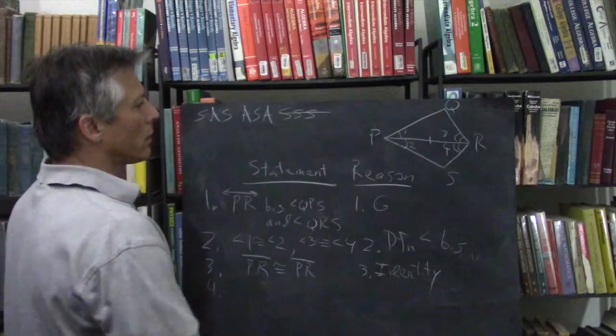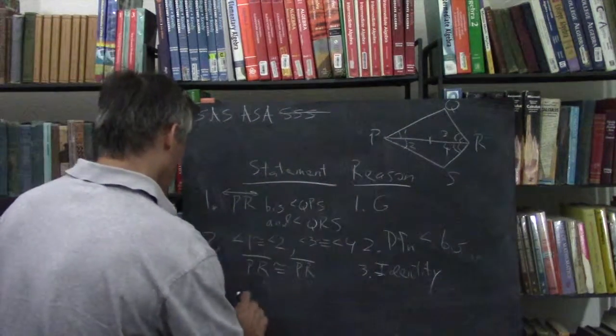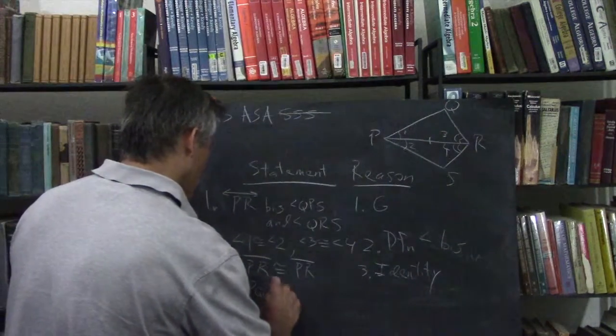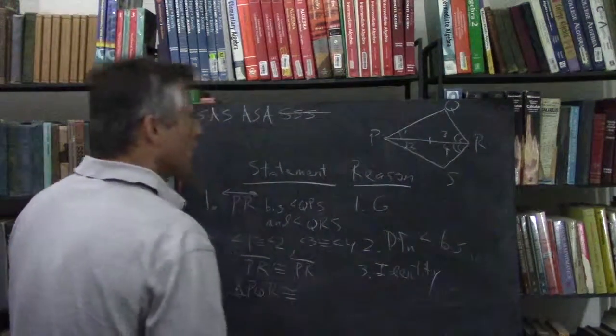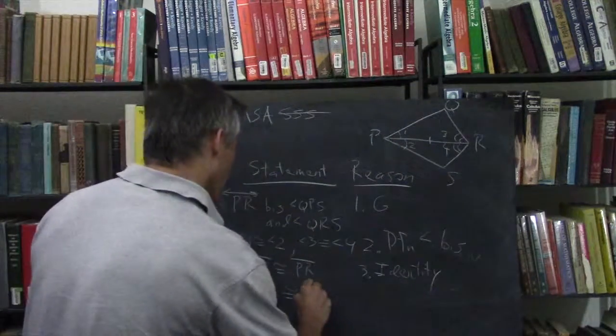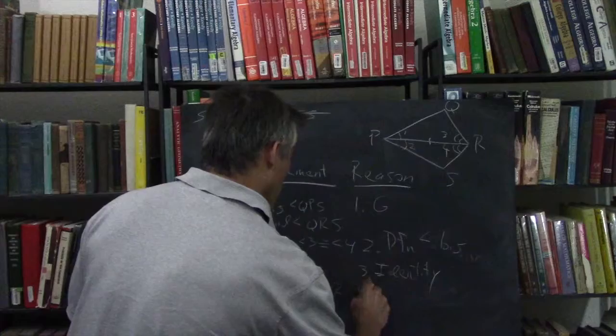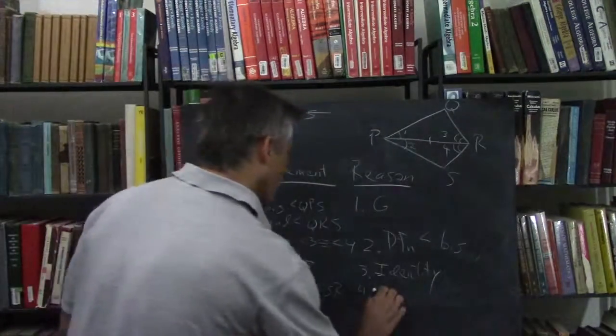So we've got number 4, triangle PQR is congruent to triangle PSR. And that's the ASA theorem.